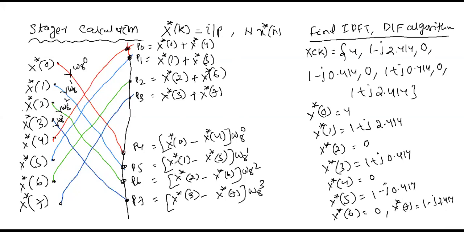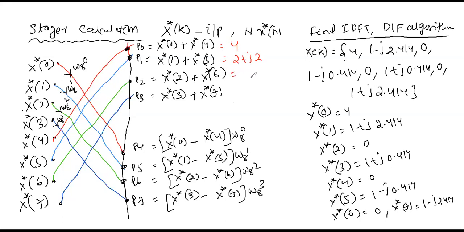Okay, I will write those values. You people please note down so that you can verify after this class. Now please write. The first one is 4. Second one, 2 plus j2.